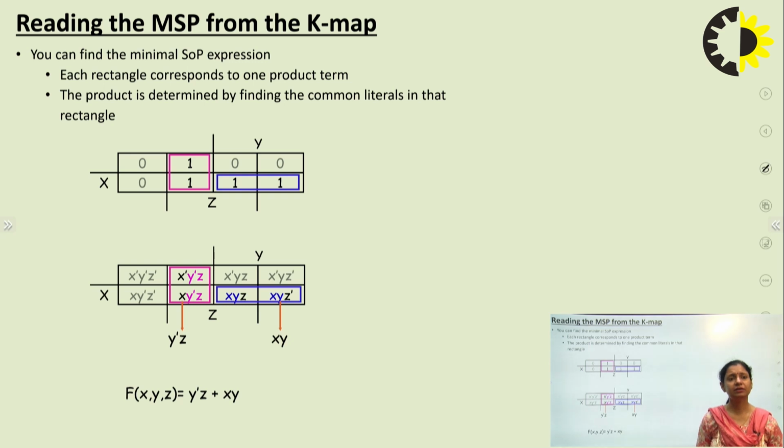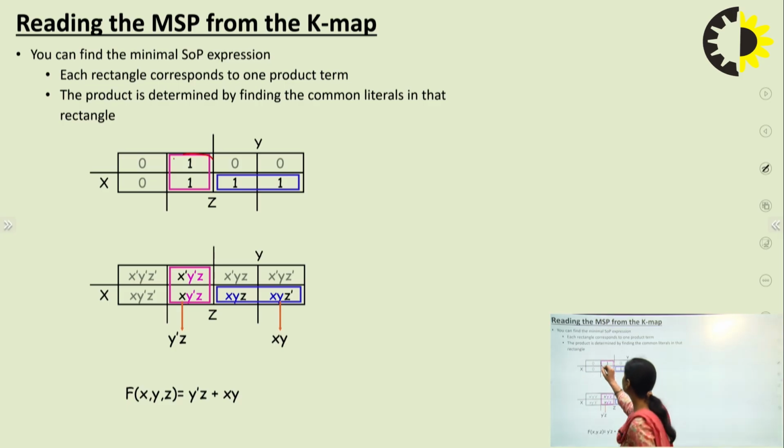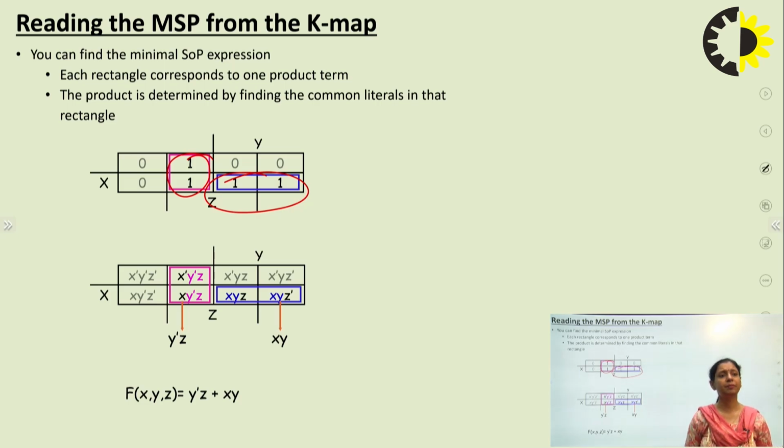Now, how do we find the minimal sum of products in this case? What we do, we try to combine these ones all together. We try to form a combination of the maximum values that can be taken up.